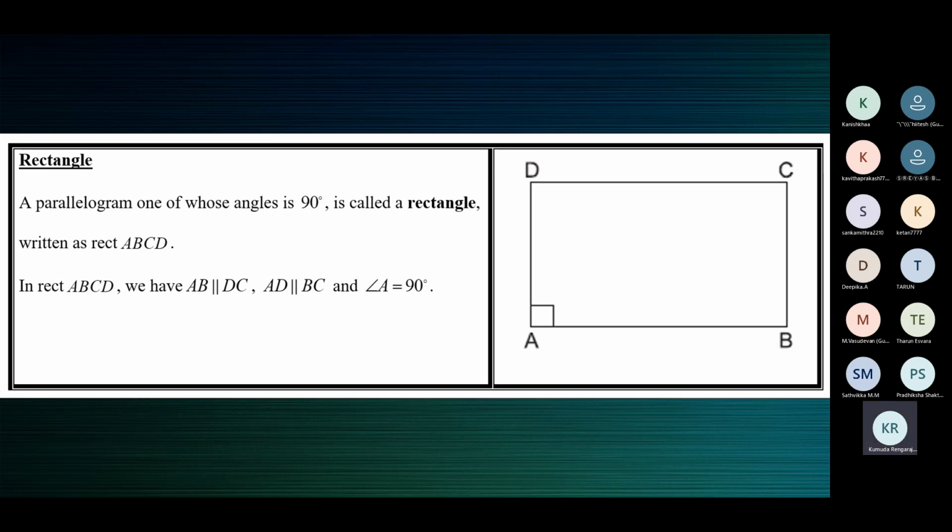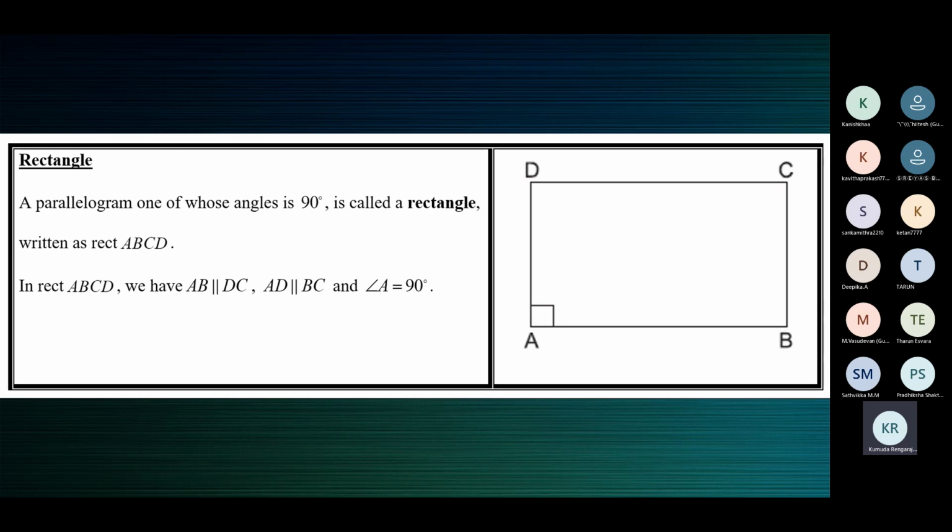Now, a parallelogram, one of whose angles is 90 degrees, is a rectangle. That's a definition. We know that in a rectangle, every angle is a right angle, but you don't have to prove that every angle is a right angle.